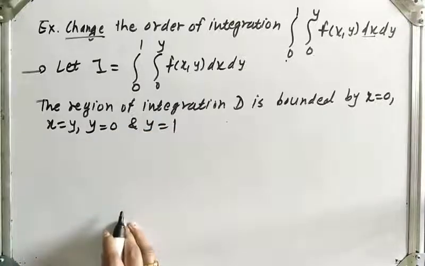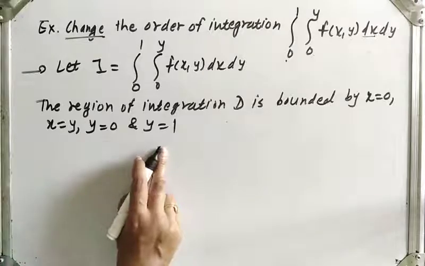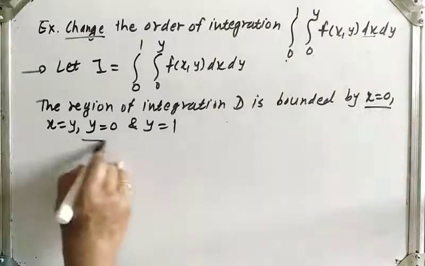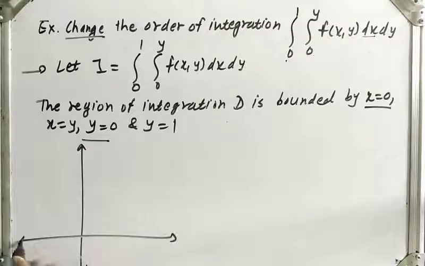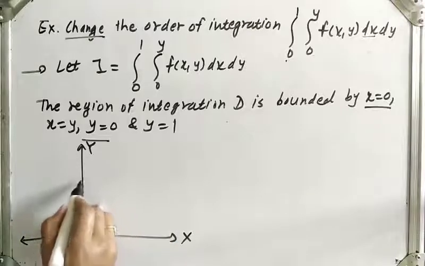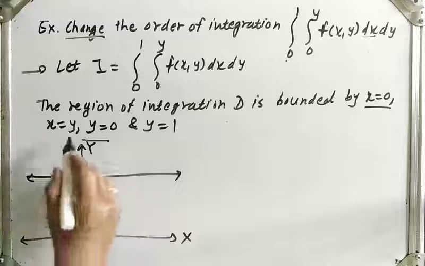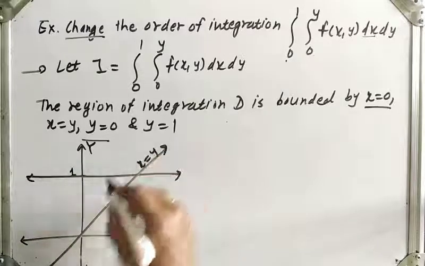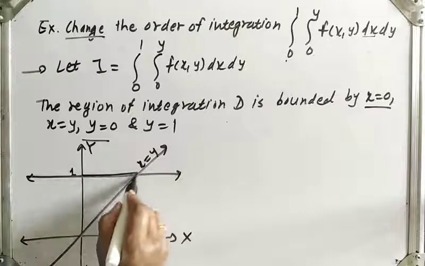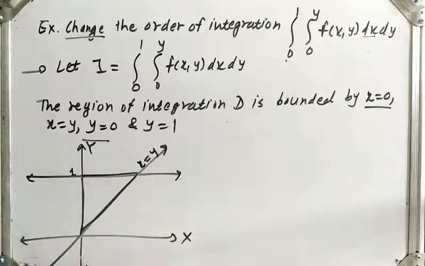From this we will plot the graph. x is equal to 0 and y is equal to 0 mean the y axis and x axis. y is equal to 1 is this straight line, and x is equal to y is this line. So this is our boundary, and this middle part is our region D.